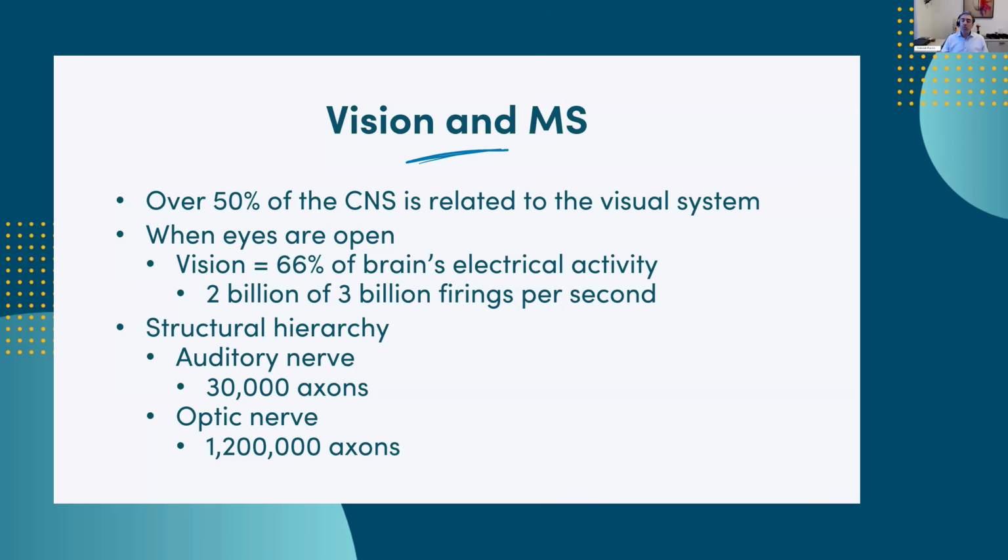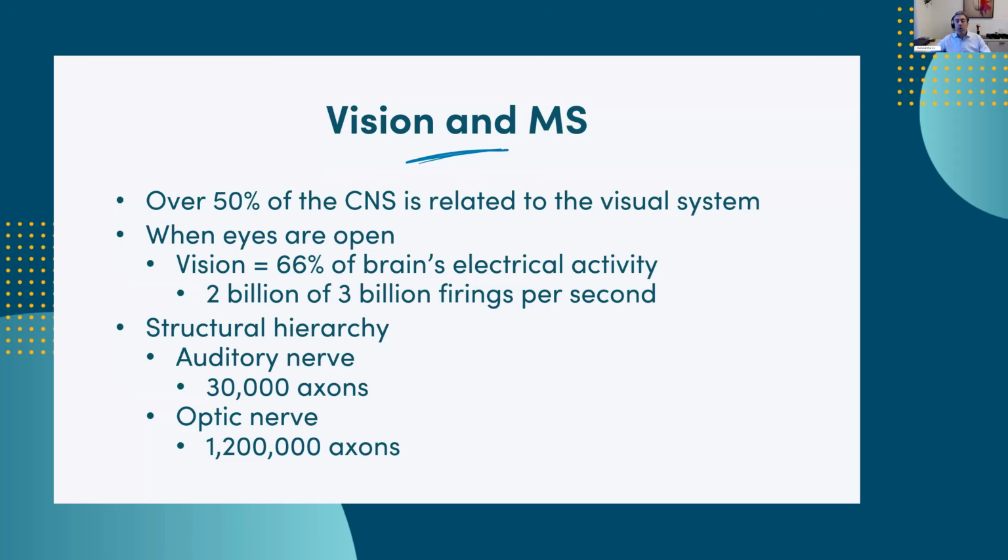So it stands to reason that if the visual system actually represents a significant proportion of the amount of brain, then areas that are involved with vision can commonly be affected by the process of multiple sclerosis. As a matter of fact, over 50% of the brain is related in some way to the visual system. So that highlights the fact that indeed it will be very common for you to be able to have manifestations in your eye and your vision secondary to multiple sclerosis.